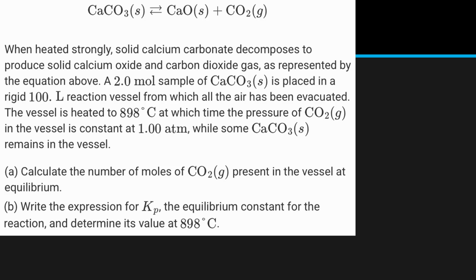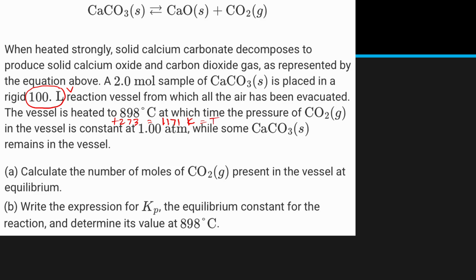So looking at what values I have for CO2, I know it's in a 100-liter vessel, which is my volume. I also know that it's at 898 degrees Celsius, so if I add 273 to that, I get 1,171 Kelvin, and that is my temperature value.